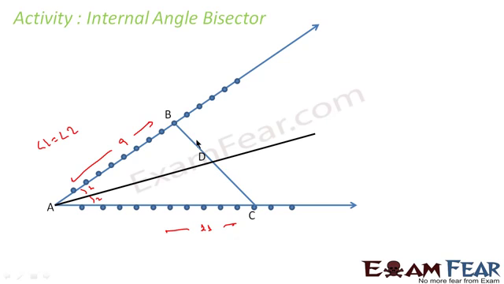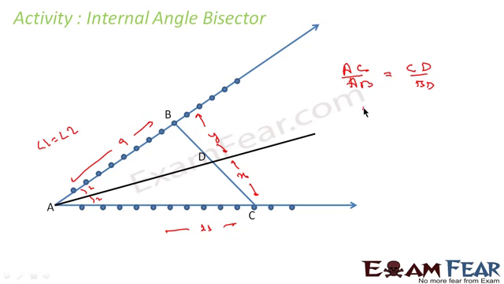Now if you measure, let's suppose this is X and this is Y. If you take the measurement of BD and DC, you will observe that AC by AB is always equal to CD by BD.